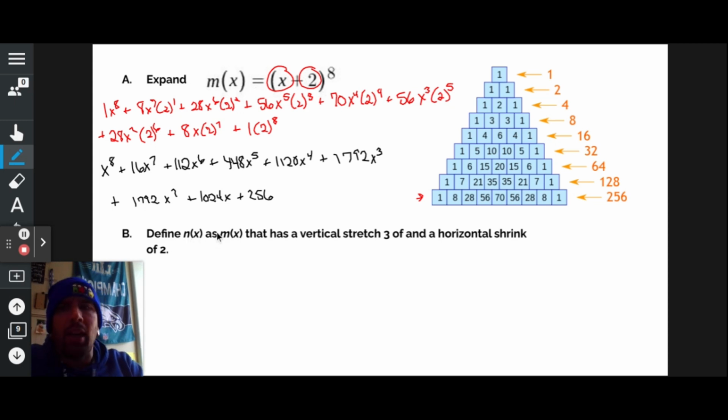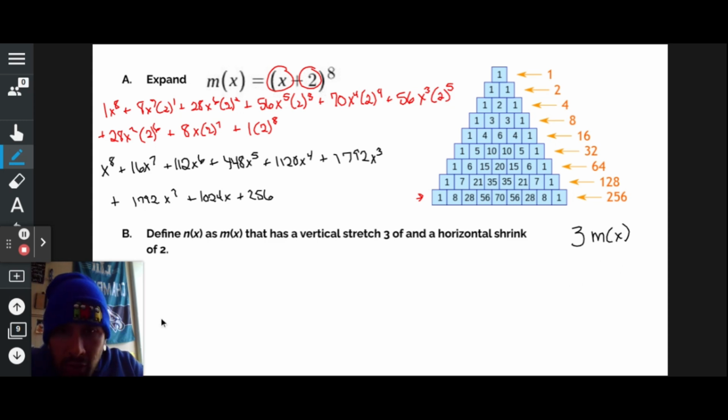Define n of x as m of x that has a vertical stretch of 3 and a horizontal shrink of 2. A vertical stretch is when you take a number and just flat out multiply it to f of x, and in our case, m of x. A horizontal shrink is when you take a number and multiply it to the x inside the parentheses.